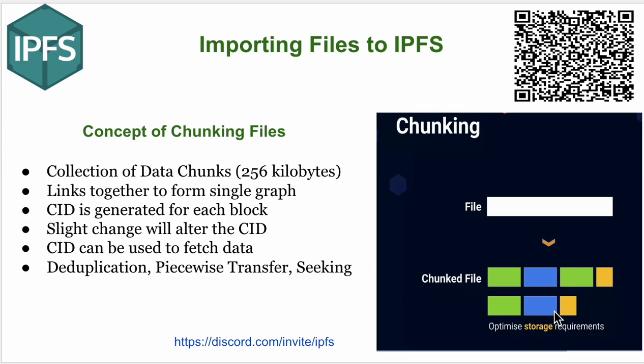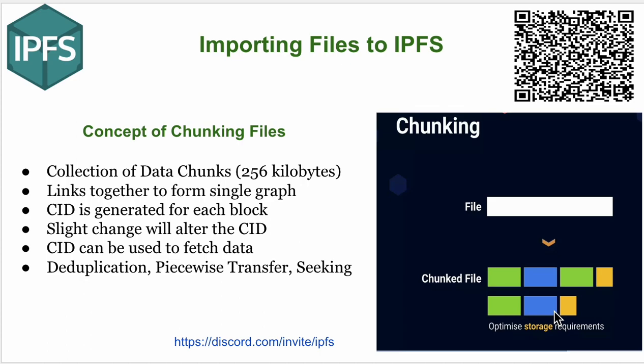So IPFS takes the file, breaks it up into a collection of data chunks, and these chunks are then linked together in a single graph format. A content identifier is generated for each block.